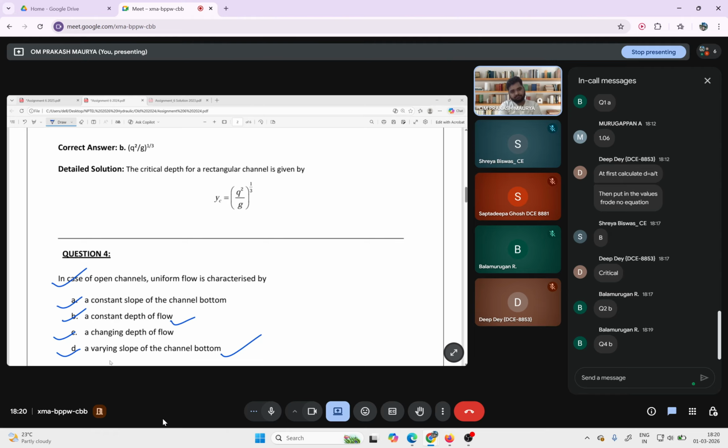Okay, Bala is telling B option, a constant depth of flow. Okay, fine. Other students please also, just try to write.